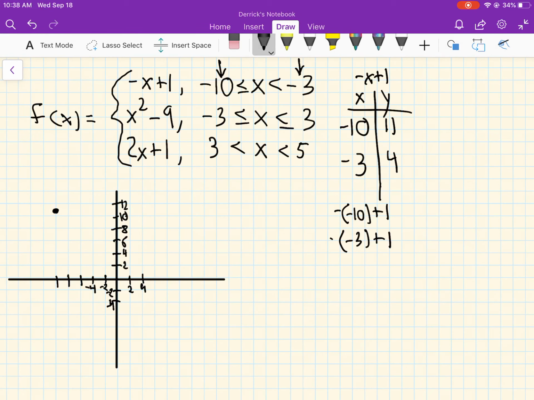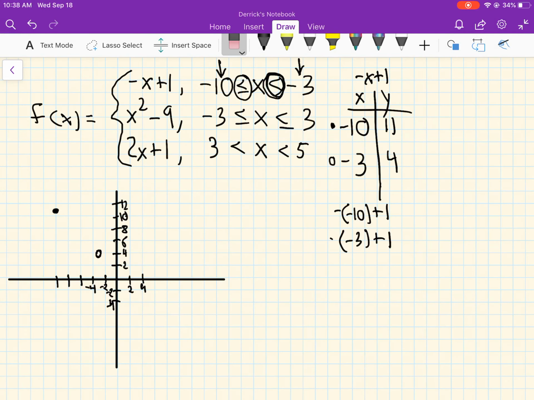Notice I am making this a closed dot because we've got this less than or equal to right there. Because it's less than or equal to, the -10 point's going to be closed. As opposed to the less than right here, with just being less than means it's an open dot. So -3, 4, halfway between -2 and -4 right here, open dot.